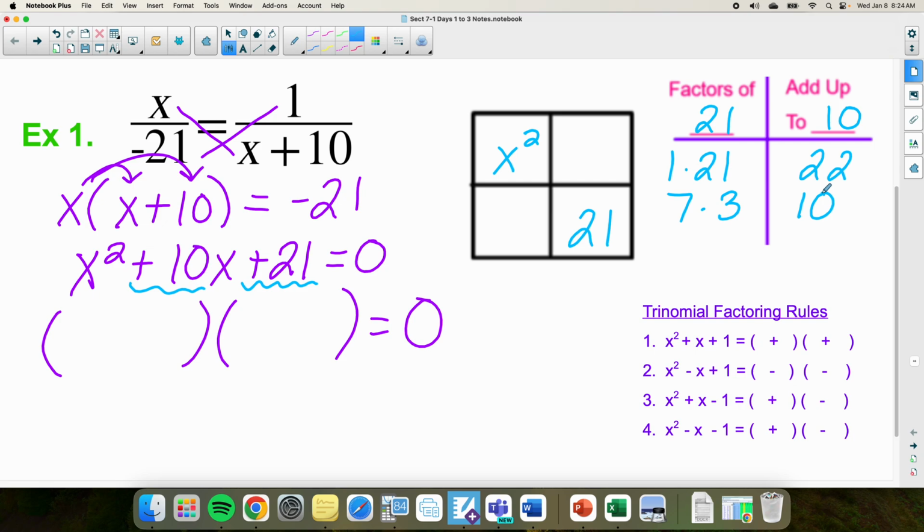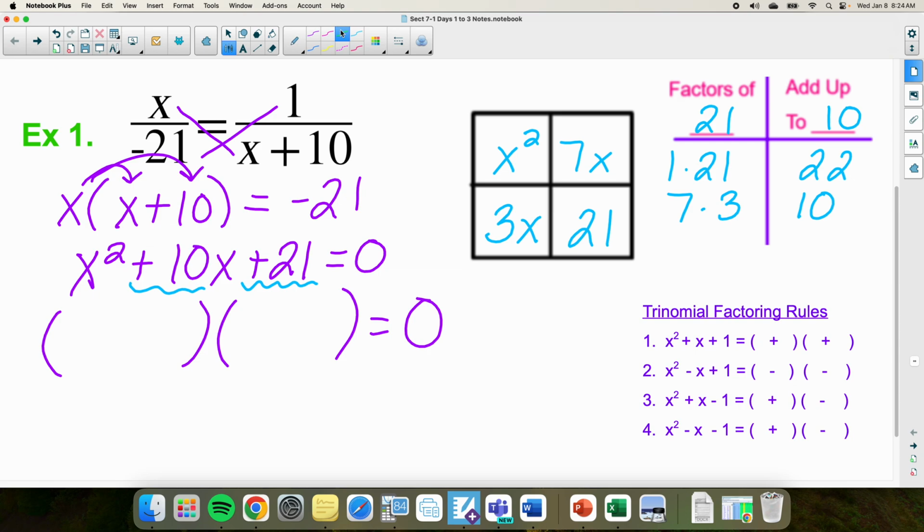Now, this is what we do. We put one of those, it doesn't matter which one, in this box, and we add an X to it. We take the other one and we put it in this box and we add an X to it. Okay? Now what we're going to do is look at what times what gives us X squared.